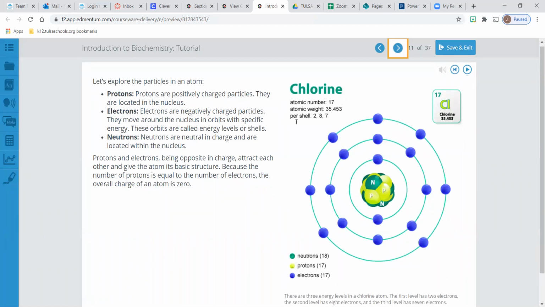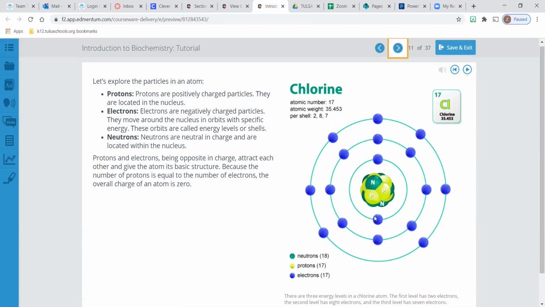On the right, we have a chlorine atom. That's the more technical term for particles. Protons, like we said, are positively charged. They're in the nucleus, almost the center of the atom.